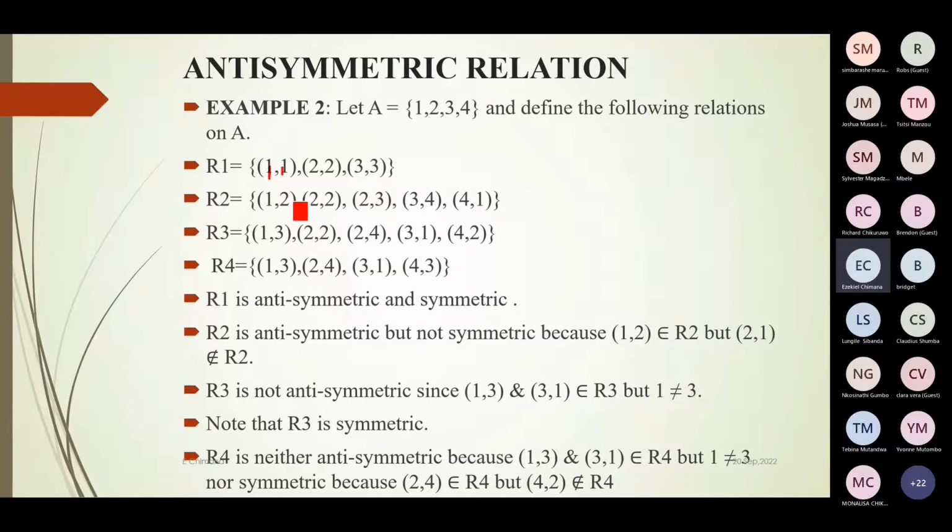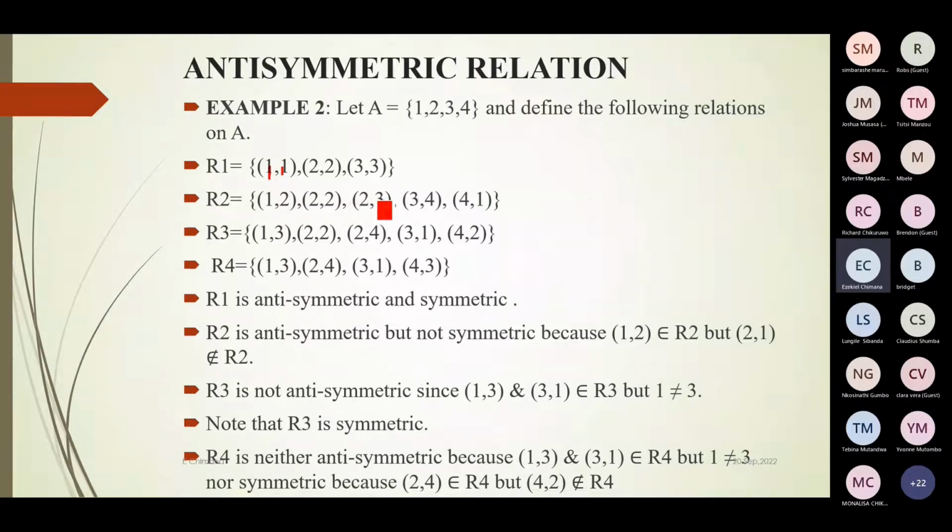For R2, it is antisymmetric, but it is not symmetric. Why? Let's check. We've got a (1,2) here, and we've got a (2,2), a (2,3), a (3,4), and a (4,1). For these, we see that for every different value of x, y, there is no other element doing the opposite way. Like you've got (1,2), we do not have any (2,1) here.